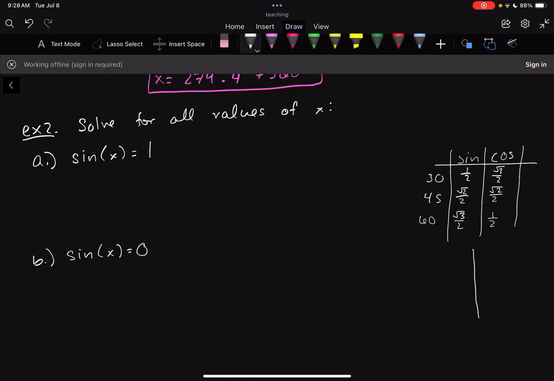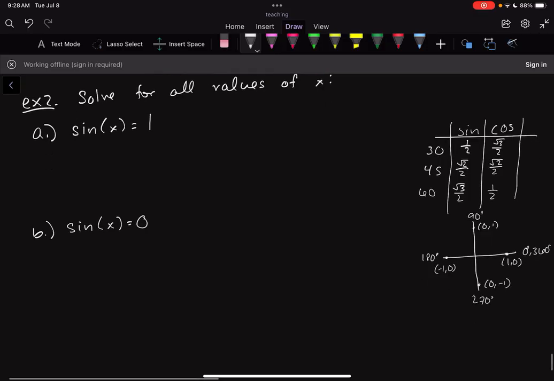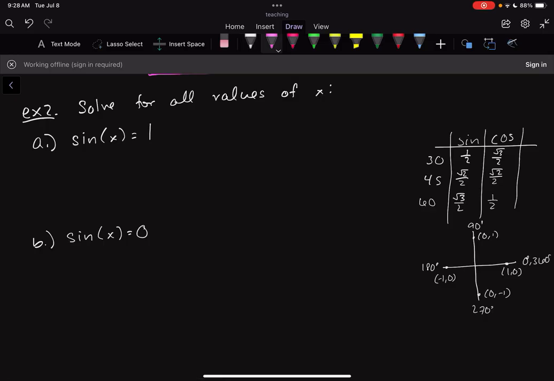Now for these, because I see 0 and 1, I am going to need my whole unit circle. So let me go ahead and draw that. Okay. So sine x equals 1. We want to find what angle does sine equal 1. It doesn't happen anywhere on my table, so that tells me I probably need to look at this chart.